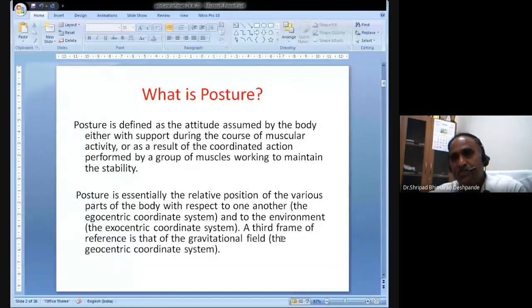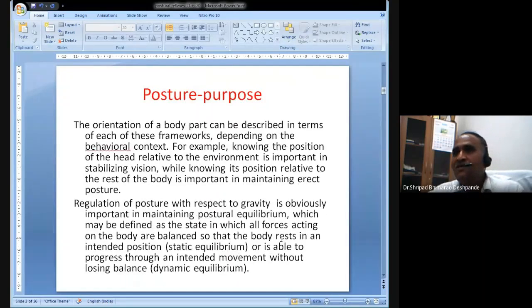It's an attitude assumed by the body to support during the course of muscle activity, or the coordinated action required by a group of muscles to maintain the stance or stability. Having seen the definition of posture, what is the purpose of posture? For example, the orientation of a body part can be described in terms of these frameworks.